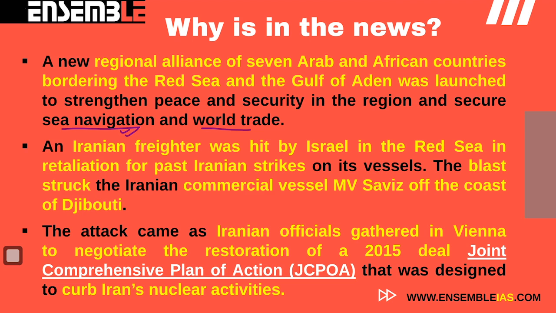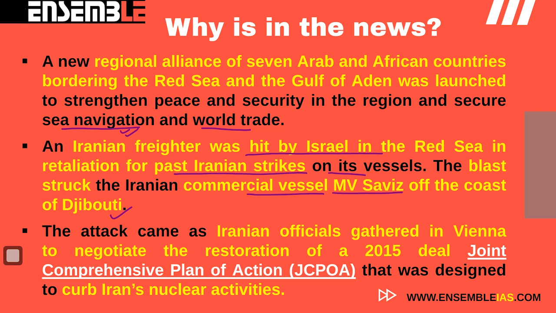An Iranian vessel was hit by Israel in the Red Sea recently, in retaliation for a past Iranian strike on its vessel. The blast struck the Iranian commercial vessel MV Saviz off the coast of Djibouti.